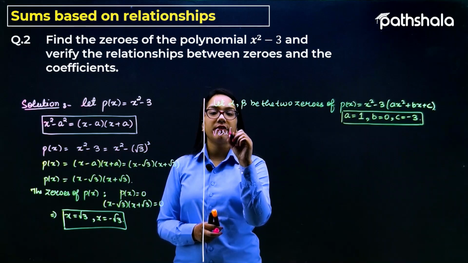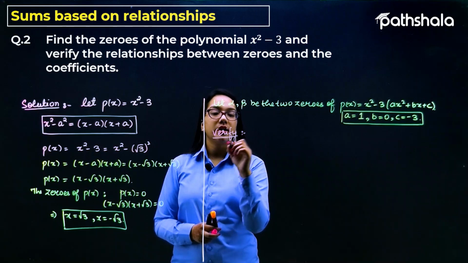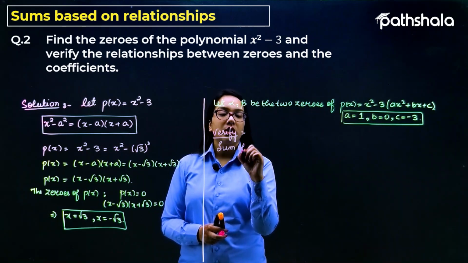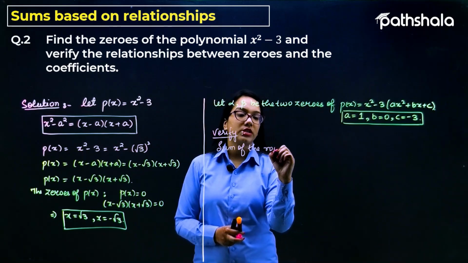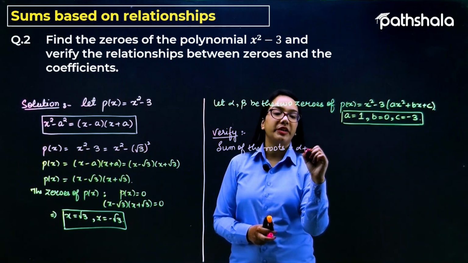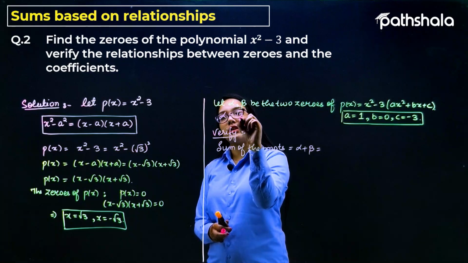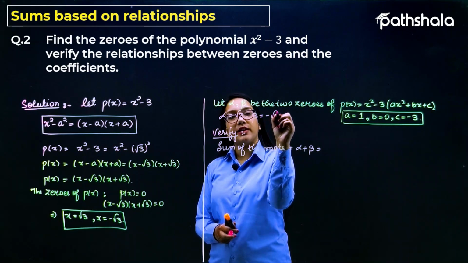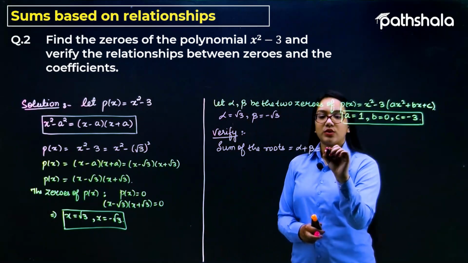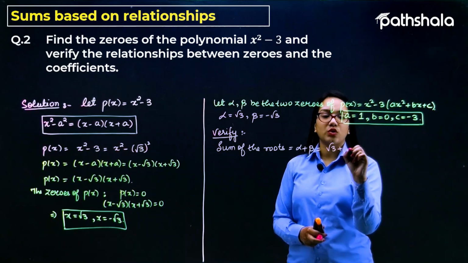So we are verifying the relationship. The sum of the roots is equal to alpha plus beta. Let us suppose we are taking alpha as root 3 and beta as minus root 3.